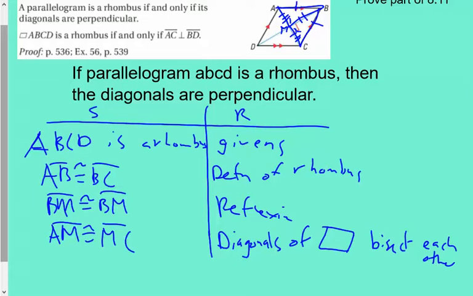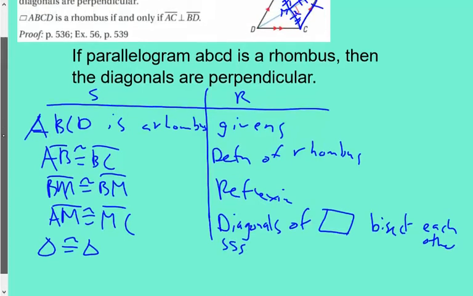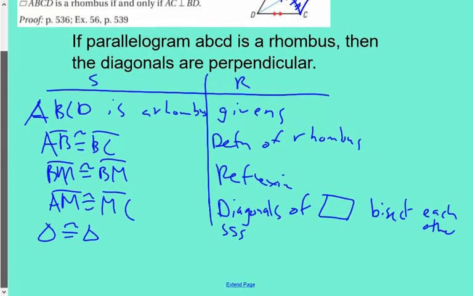Okay, so the two triangles are congruent by side, side, side. And then angle 1 is congruent to angle 2 by CPCTC.